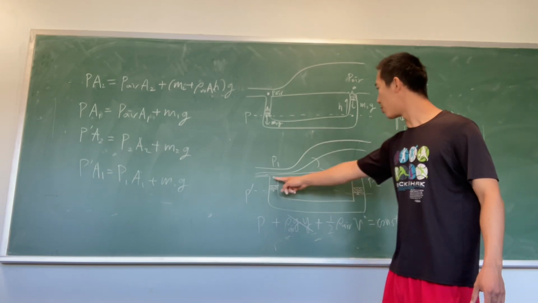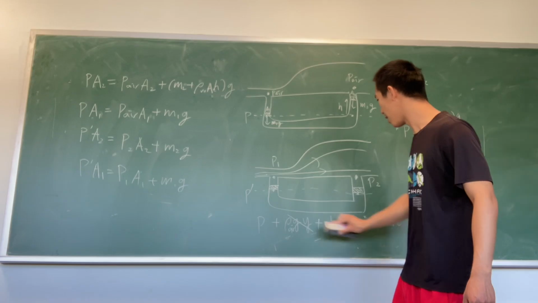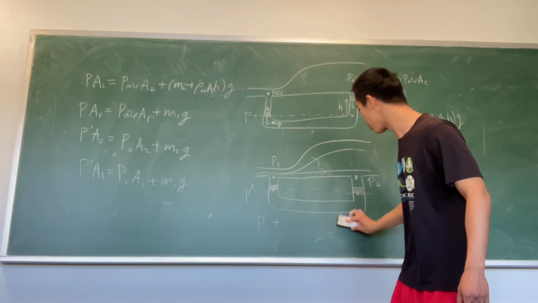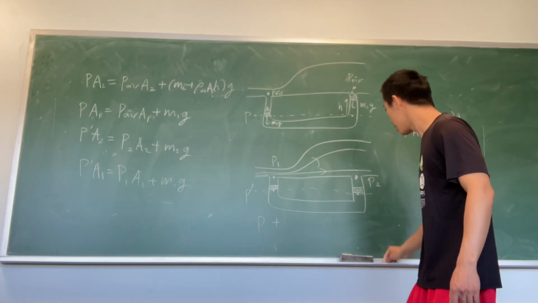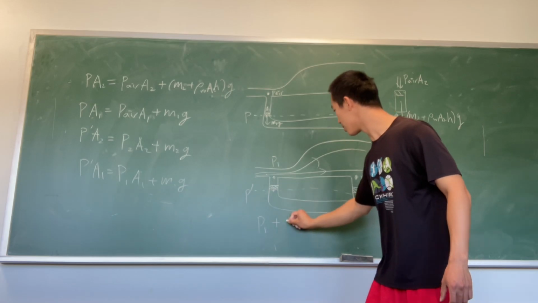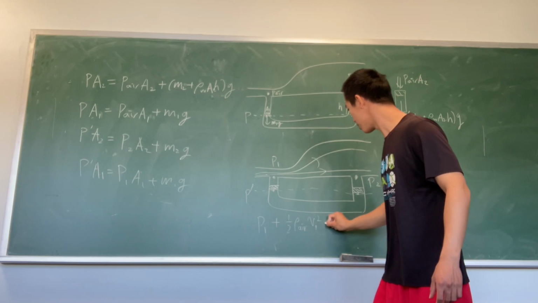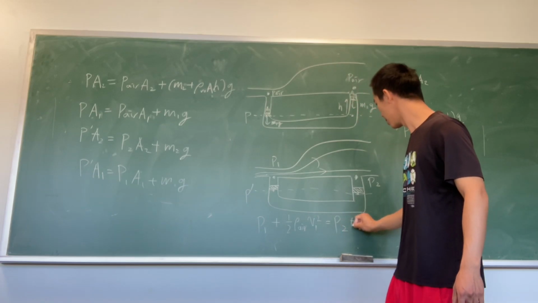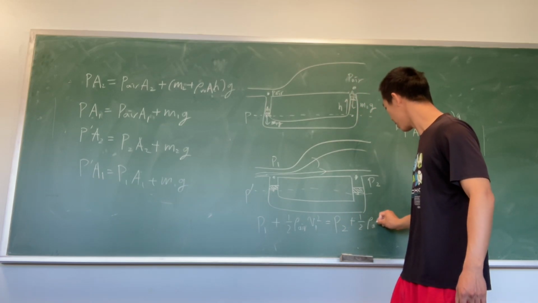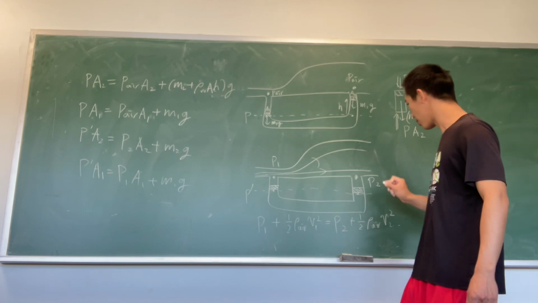And if I want to compare the pressure between these 2 points, I only need to care about the pressure terms. So the pressure at point 1 plus 1/2 density of air, the speed at point 1 squared should equal to pressure 2 plus 1/2 rho air V2 squared.